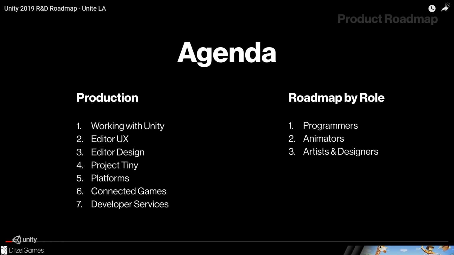And in their roadmap, they showed which roles they will really support in such a project. These are programmers, animators, artists, and designers, and they will have updates in everything so that these roles really can do their work efficiently.